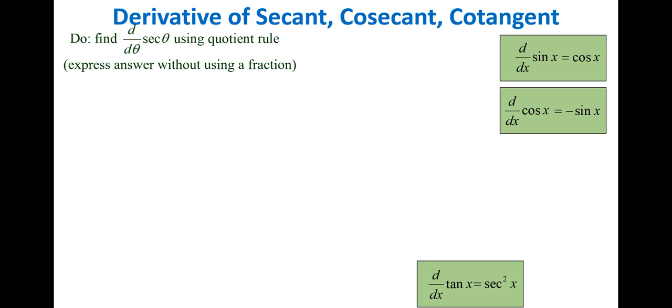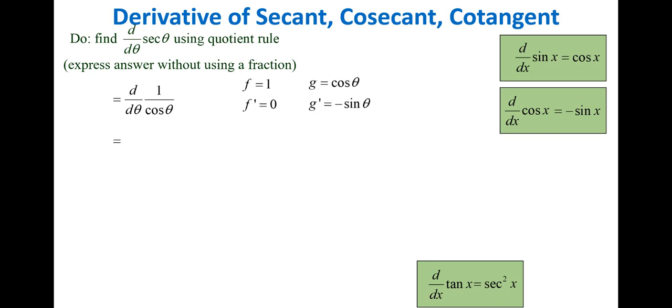If you're stuck at the beginning, remember that secant, again using trig identities, you convert that into a fraction by turning it into 1 over cosine of theta. And then constructing the chart, numerator f is 1, g is equal to the denominator cosine of theta, and then derivatives, f prime is 0, g prime is negative sine of theta.